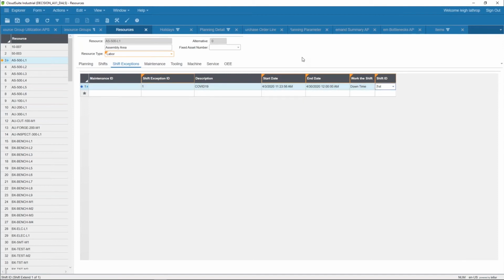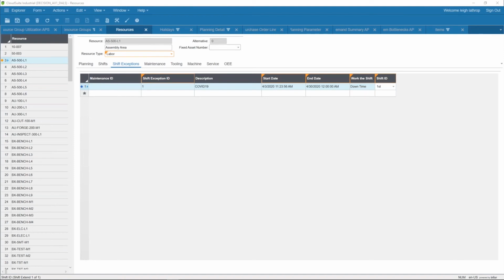We can take a resource offline. We enter the relevant information, we save the changes we have made to our resources, and then we run planning. And if you're in an MRP environment, we're going to run scheduling.